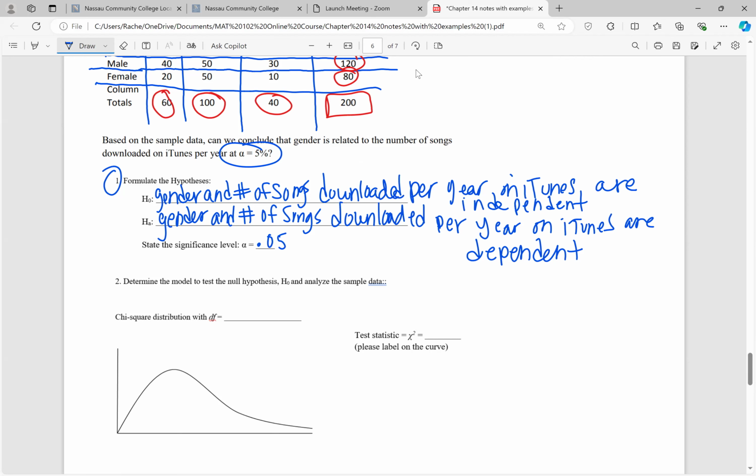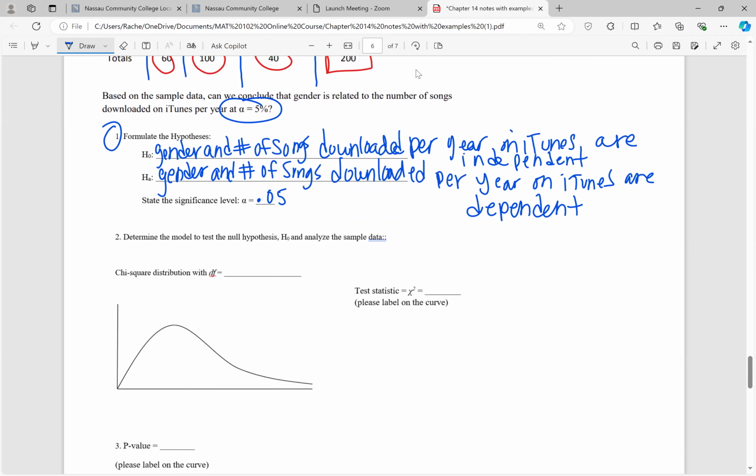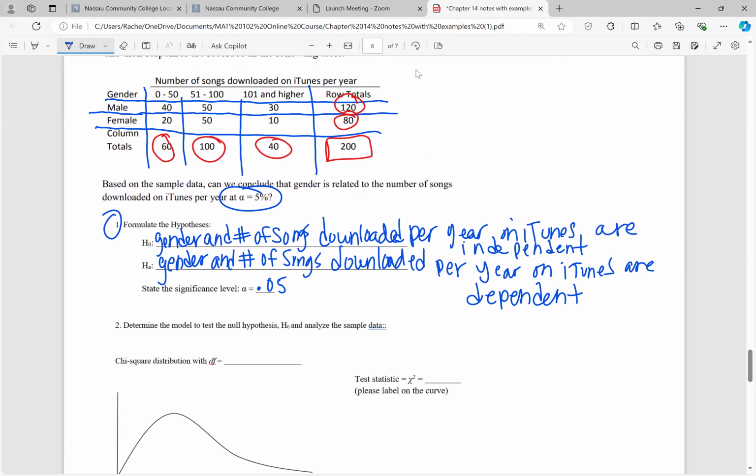Now we want to determine the model to test the hypotheses. Whenever we test that two classifications are related, we're going to use a chi-square test, and we look at the chi-square distribution, which is skewed to the right. This distribution has degrees of freedom equal to (R minus 1) times (C minus 1).